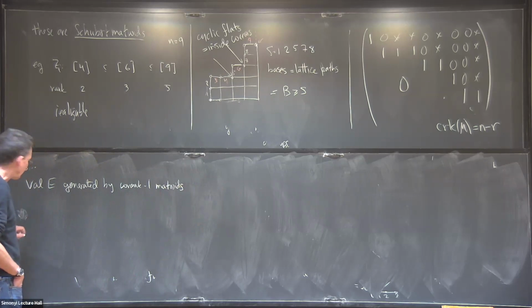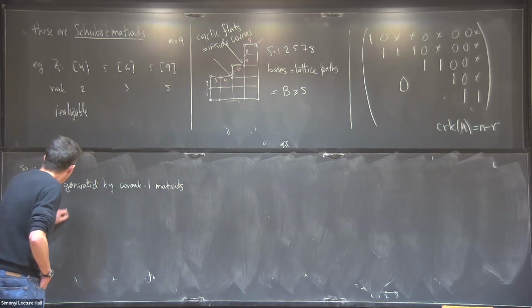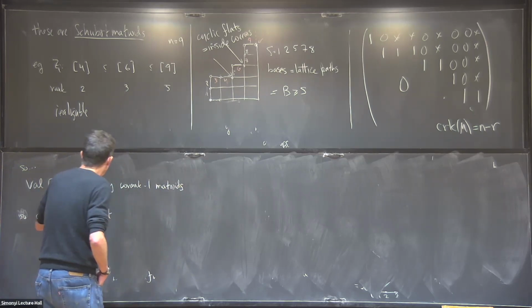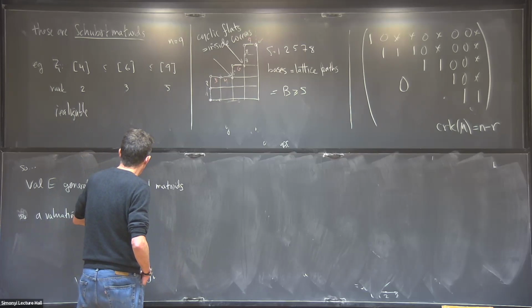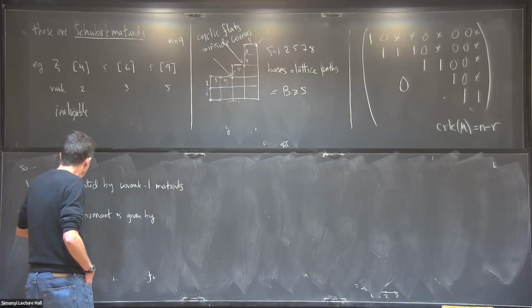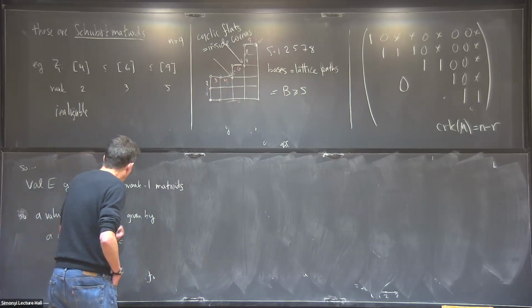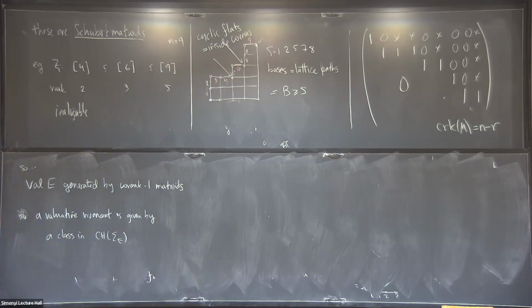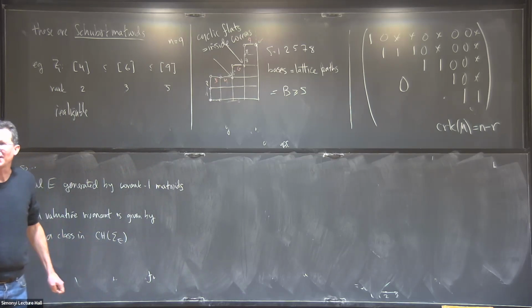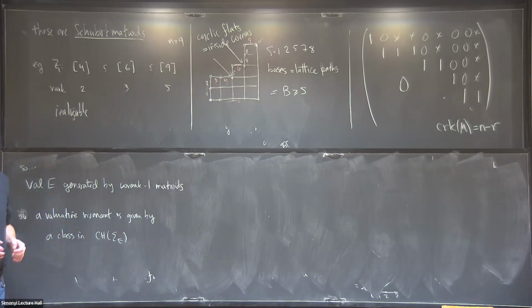Maybe a more important point, though, is that the invariants: if you think of an invariant that's valuative on rank r matroids, then in this Chow ring in degree n minus r, there is some class which by Poincare duality is your invariant.